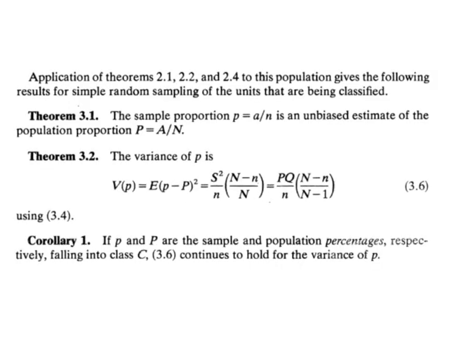The application of theorems 2.1, 2.2, and 2.3 to the population gives the following results for simple random sampling of the units that are being classified.